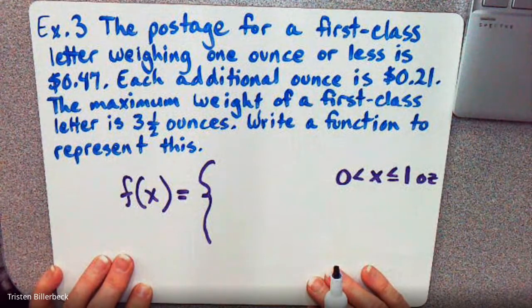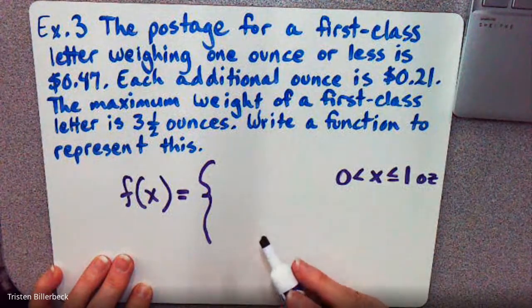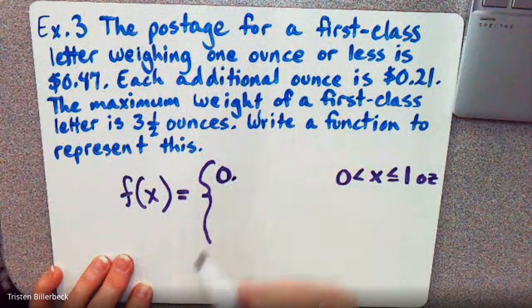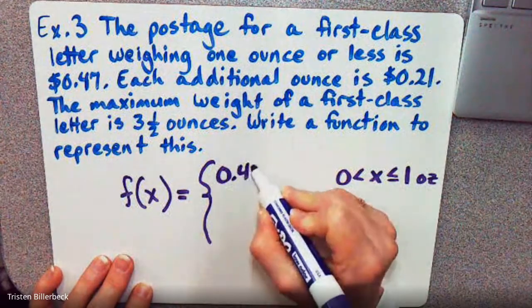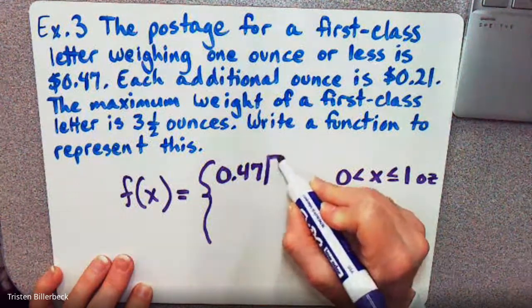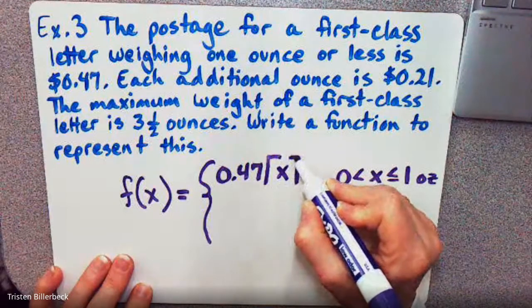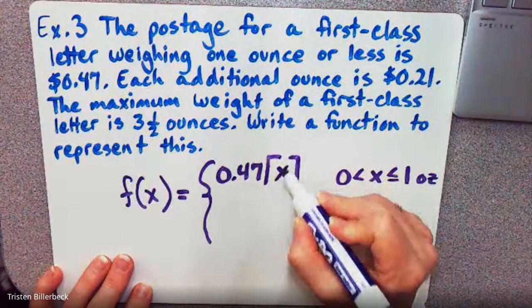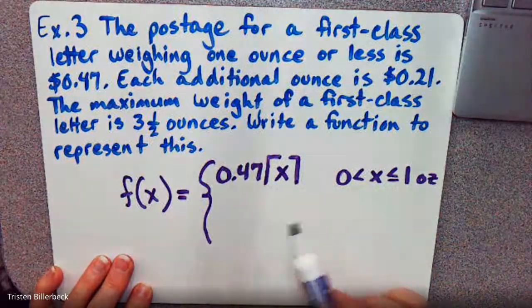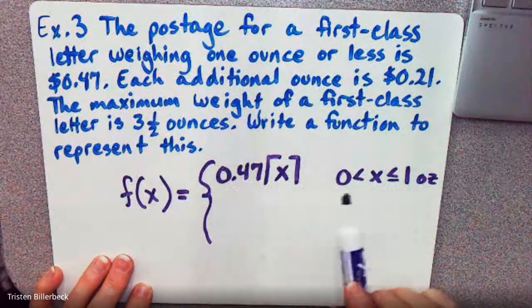Okay, so if we're going to represent this as a function, for that restriction on the domain for this piecewise defined function, I am going to write this as a ceiling function, like that, because anything that is in between this is going to be 47 cents.